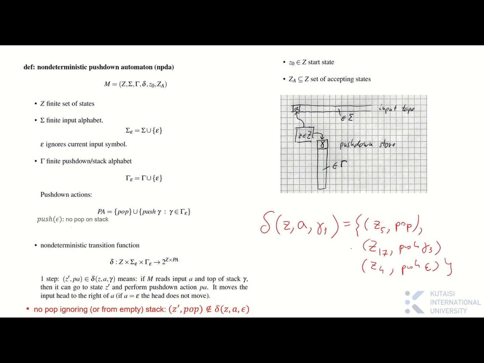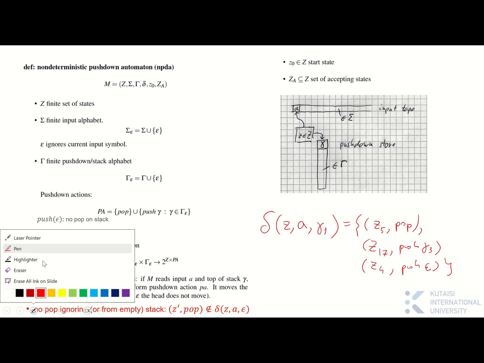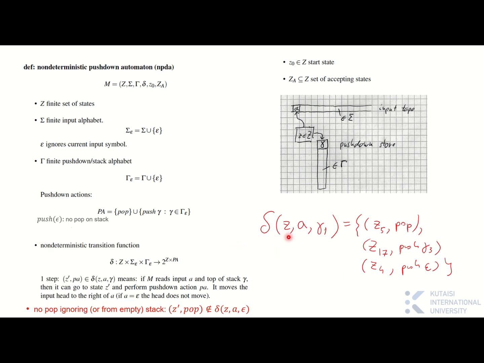What this means is that if I'm in state Z, there is A written here, and gamma 1 is the top symbol here, I can do three things. Because they're non-deterministic, I can do any one of them. I can go to Z5 and remove gamma 1. I can go to Z17 and add gamma 3 on top. Or I can go to Z4 and basically do nothing with the stack.